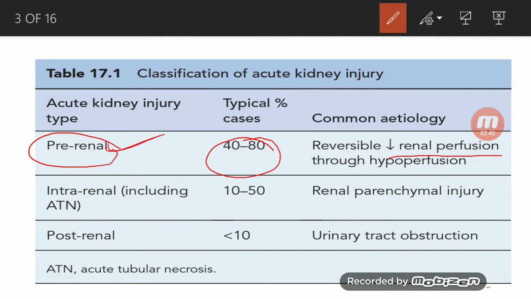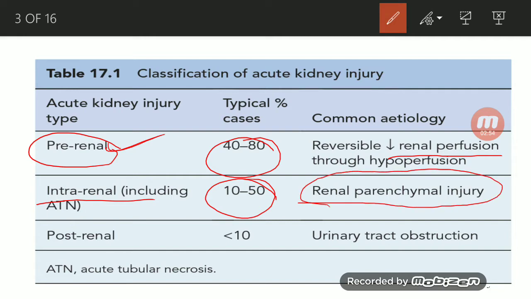Second is intrarenal. 10 to 50% of cases of acute renal failure are because of intrarenal causes, and generally in this there is damage to your renal parenchymal cells. The cells in your kidneys are getting damaged.